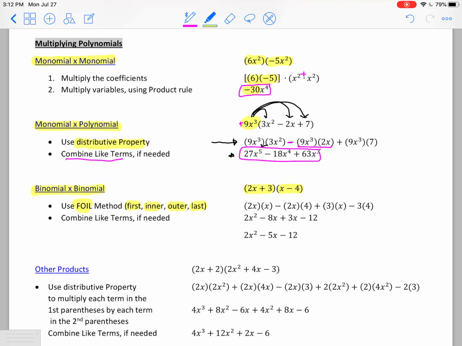first, inner, outer, last. And I think that they showed it this way as well on NROC. You guys might just come up with your own system. But basically, what I'm saying is that, let me just kind of color code these differently, my job is to multiply this 2x by the x and by this -4.